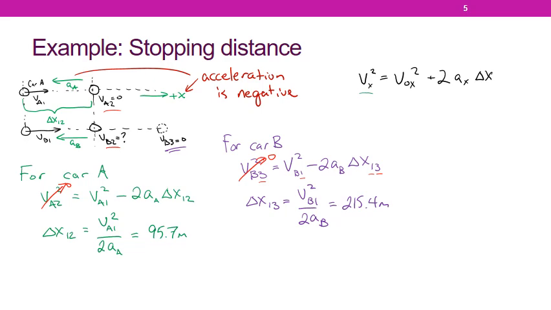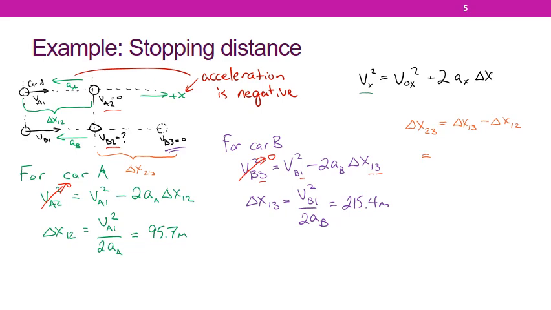Now, what I'd really like is I'd like to find out this distance, this delta x23. And so I can do that. There's no special equation. I just recognize that this distance is the distance B traveled, so delta x13, minus the distance car A traveled, so delta x12. That gives me the distance 23.